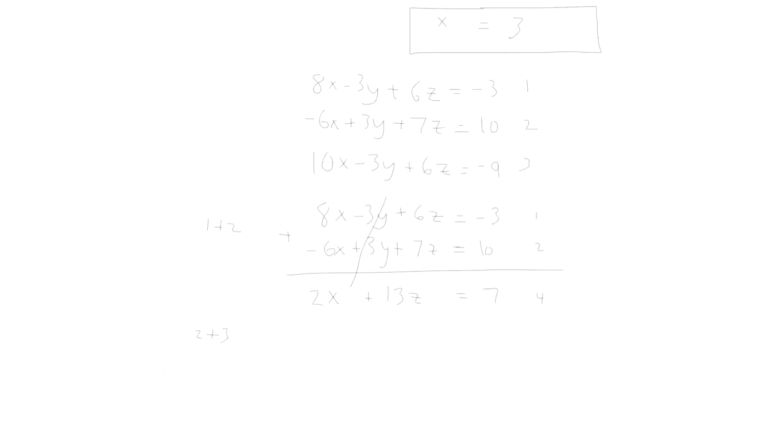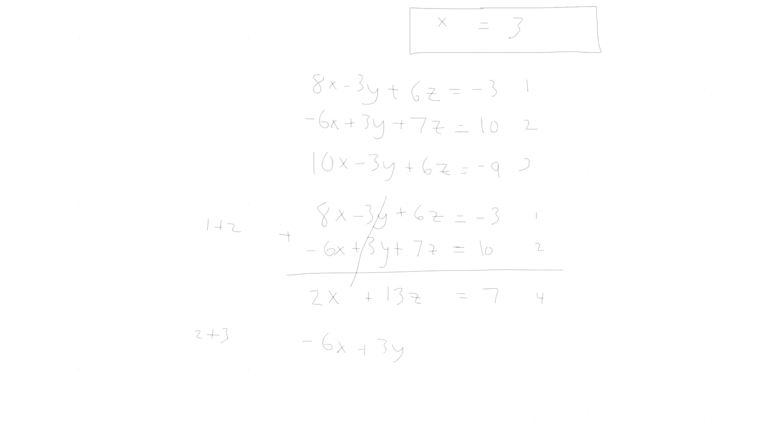All right, now we're going to take equation 3 and equation 2. If we take equation 2 and 3, are we going to add or subtract? No, we're going to add because the y term will cancel out if we add. So we're going to add 2 plus 3. Equation 2 is negative 6x plus 3y plus 7z equals 10.